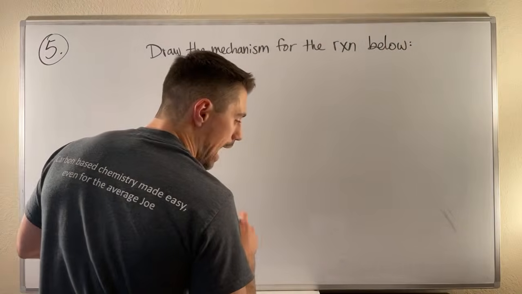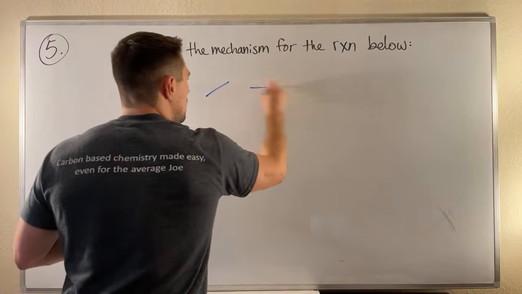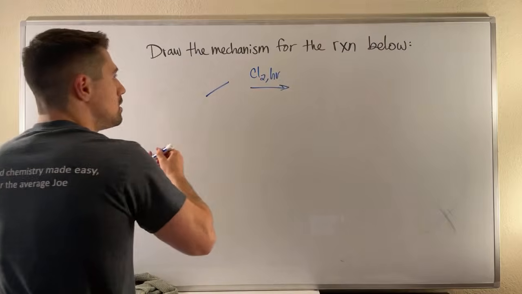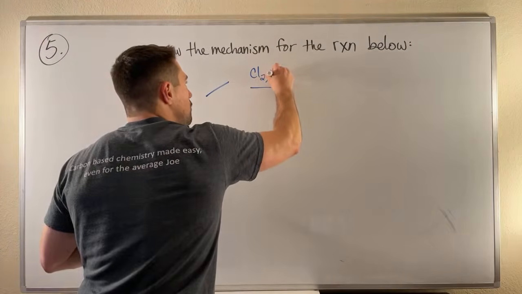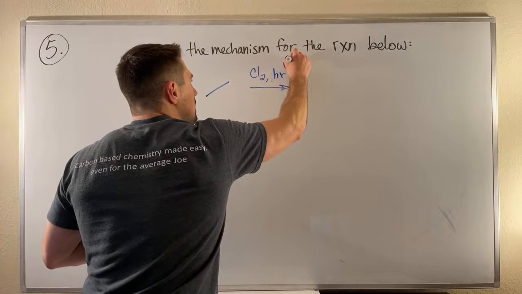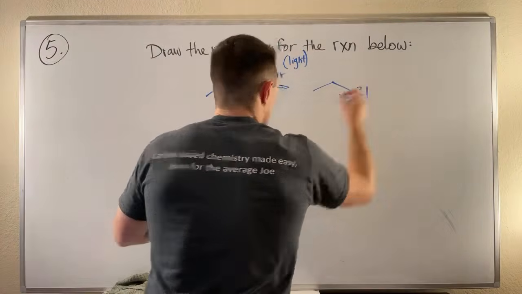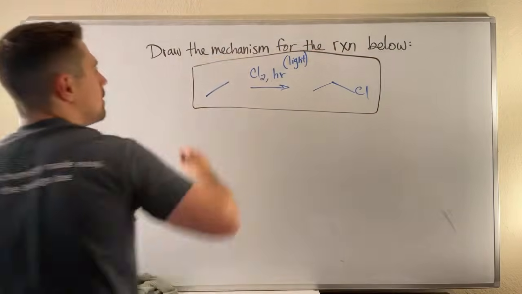This problem will look like this. This is going to be free radical chlorination. So that's my very pathetic attempt to write h nu for light. Light. Okay. So we have the reaction given like that.